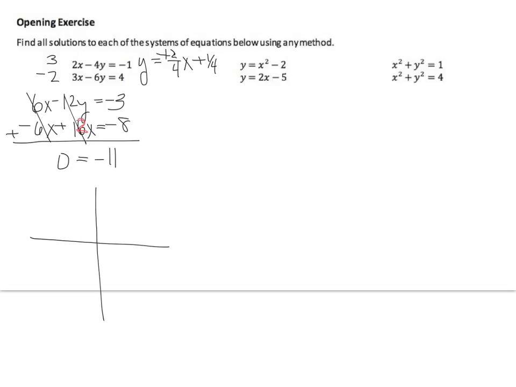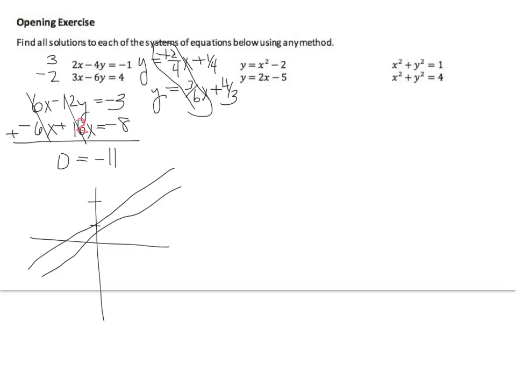And then the bottom one would be y equals 3 over 6 x. Let's see if I'm doing that right. Yep. Plus 4/3. So really what we have here is equal slopes. So one's going to cross the x-axis at 1/4 and one at 4/3. So those are really awesome lines, aren't they? They're beautiful lines. We have parallel lines, so there's no solution when you have parallel lines, correct?